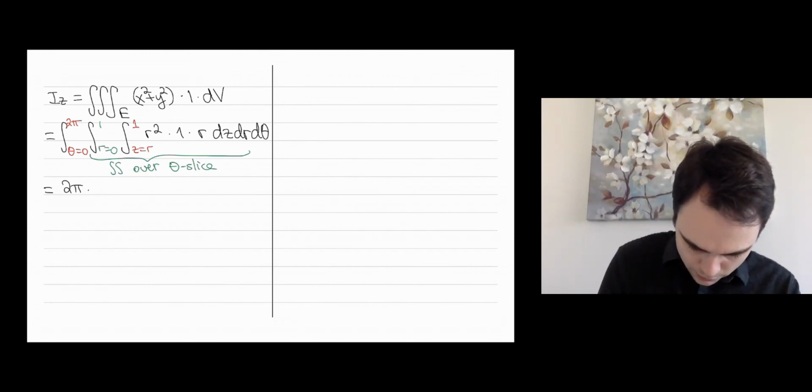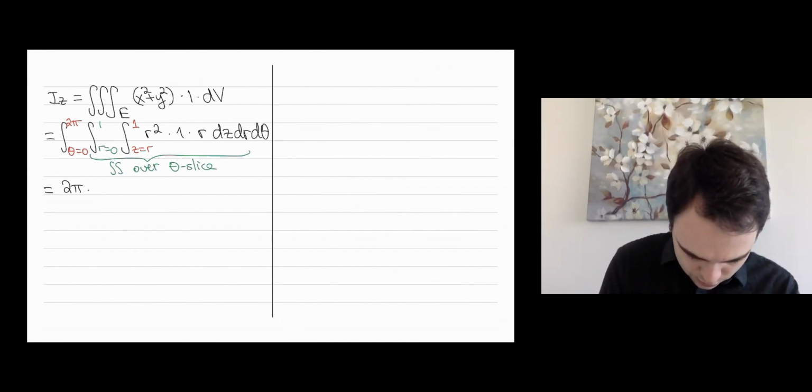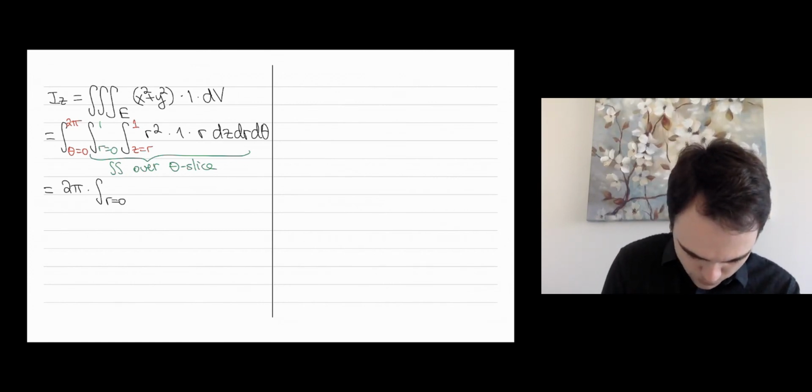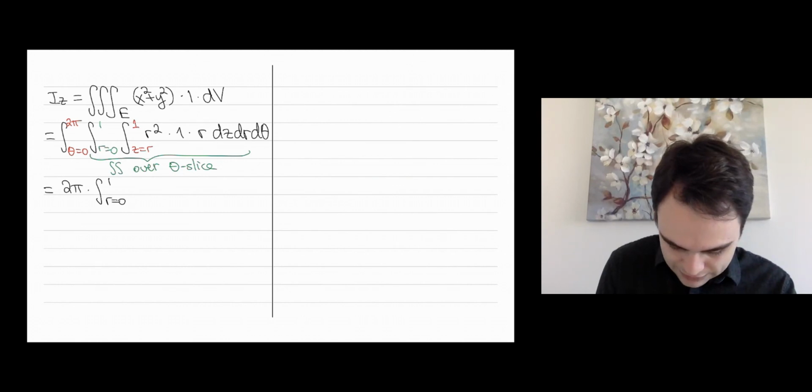Now let's start evaluating the double integral. So r goes from 0 to 1, and then the integral in z.